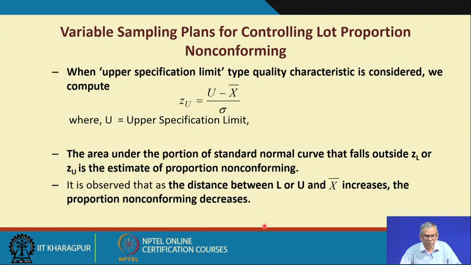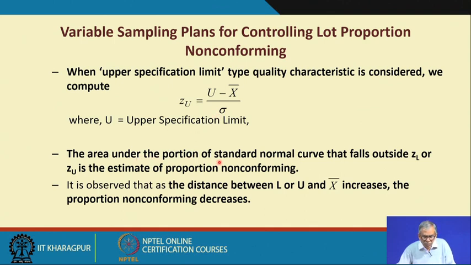Now when an upper specification limit type quality characteristic is considered, how do you compute ZU? Again the standard normal deviate, that is U minus x bar divided by sigma. x bar is the sample average, U is the upper specification limit, and sigma is the standard deviation, which is known.